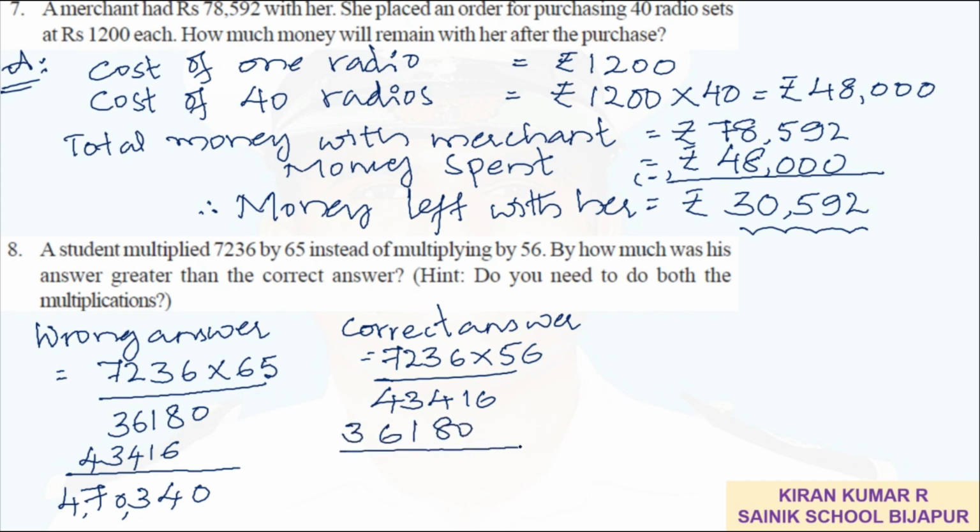Now you add them, we'll be getting 6, 1, 12, 1 carry, we get 5, then it becomes 10. We'll be getting 4,05,216.